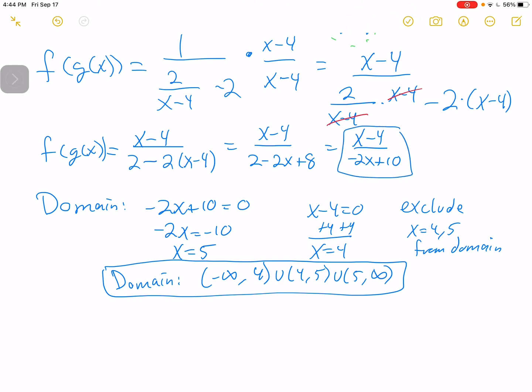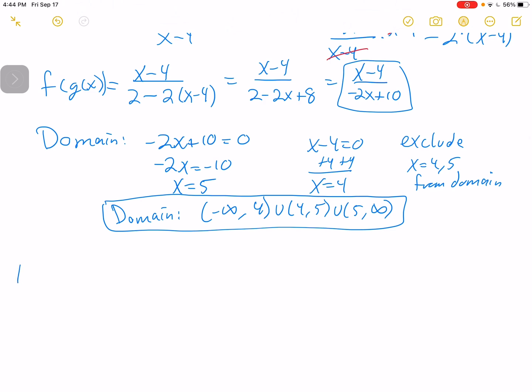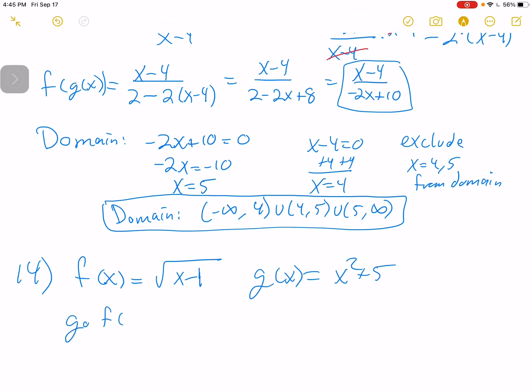Okay, there's another problem. It was number 14 from this section that was presented to me. And for that problem, we have f of x equals the square root of x minus 1, and g of x equals x squared plus 5. And they want us to find g of f of x, like that. So the f is going to go inside the g.